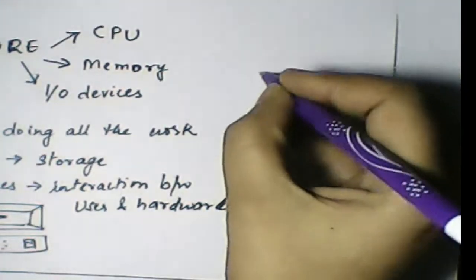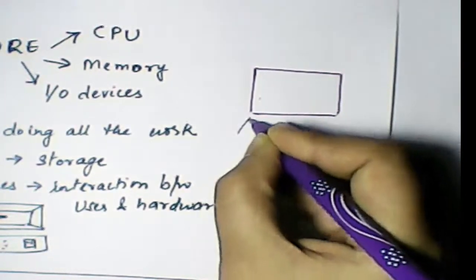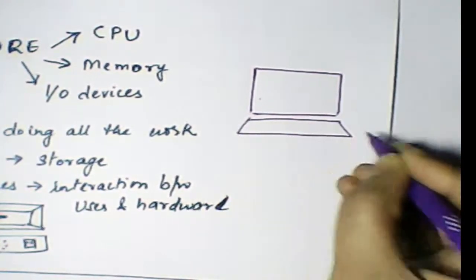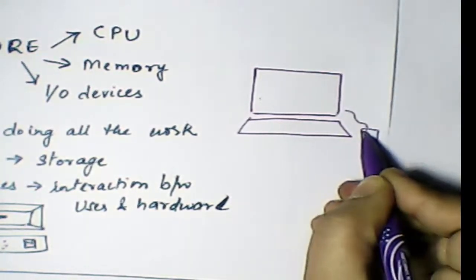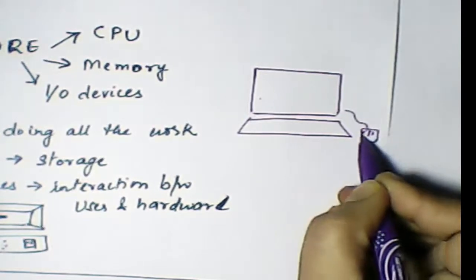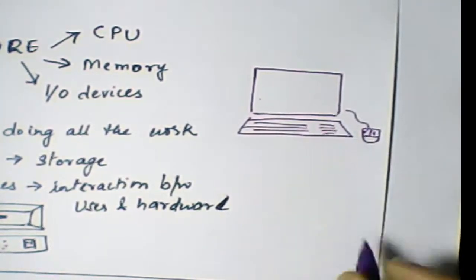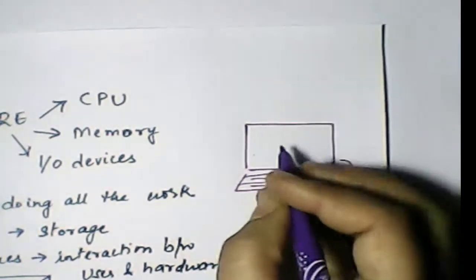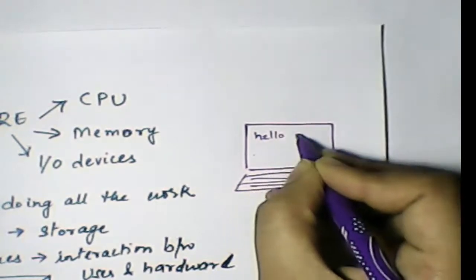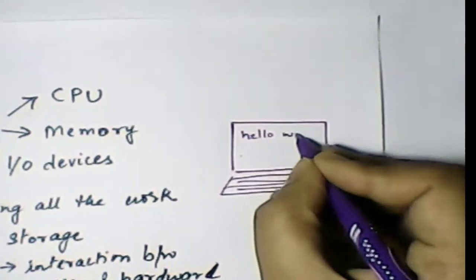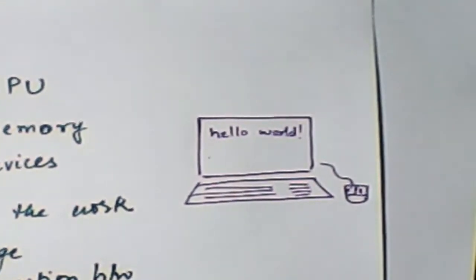So just write, suppose this is a monitor, you're putting some input from here and maybe from here, the keyboard, and based on that there's an output coming. So output says hello world, a hello world sort of a program you've run, and on the screen you can see hello world.